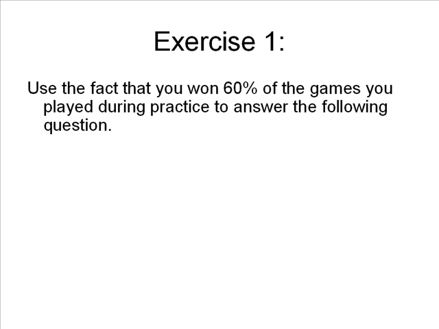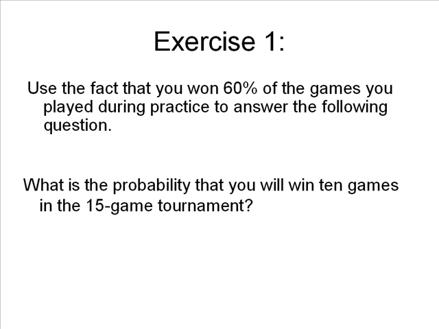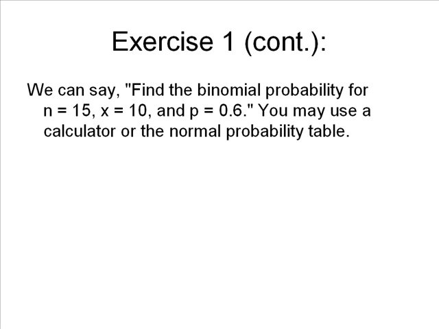Now, the problem we want to work is that if you won 60% of your games, what is the probability that you will win 10 games? That is, the probability that x is equal to 10. We could say the same thing by saying find the binomial probability for n equal 15, x equal 10, and p equal 0.6.